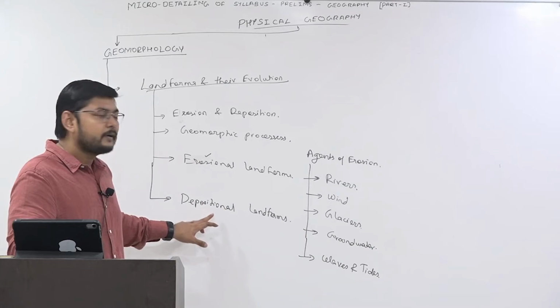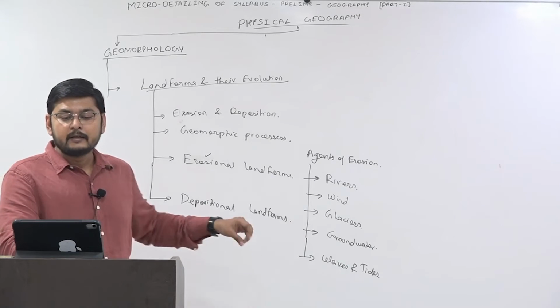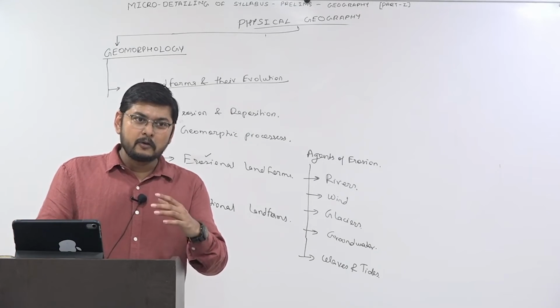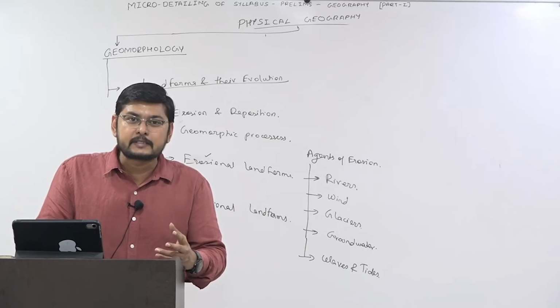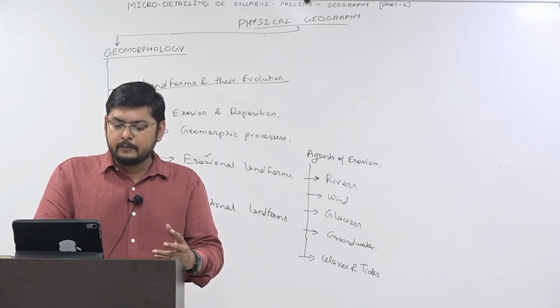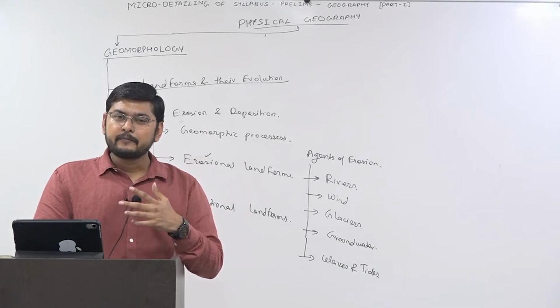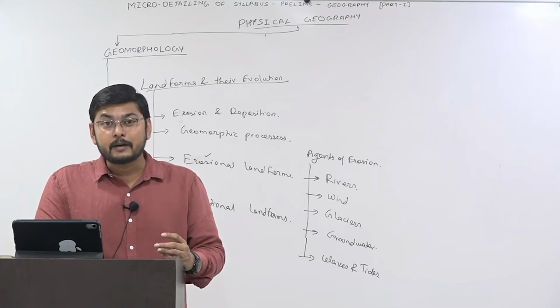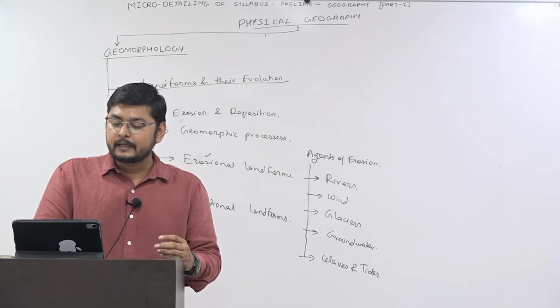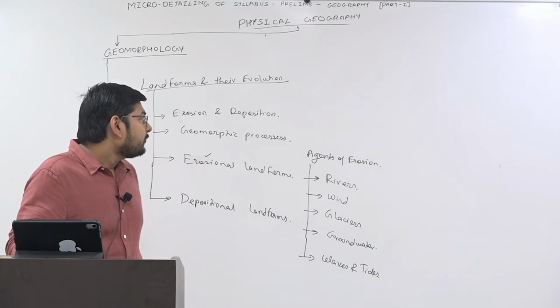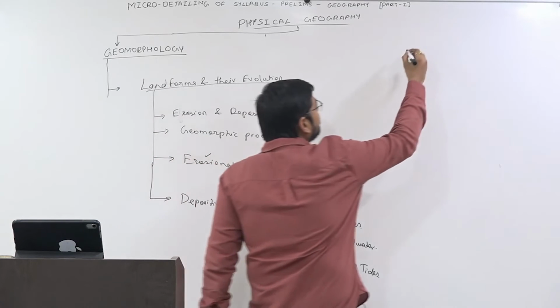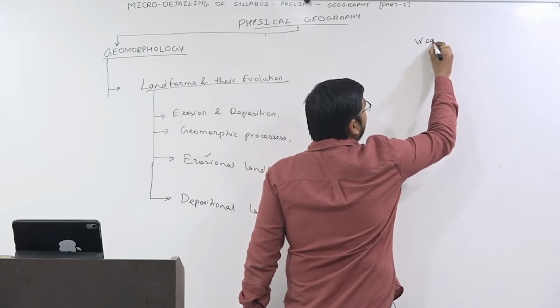So it is a result of a depositional landform. It also results in the formation of lagoons, the reefs, and sandbars, which are part of the depositional landforms. We will be studying them in quite detail. Then we'll be looking at the weathering process.